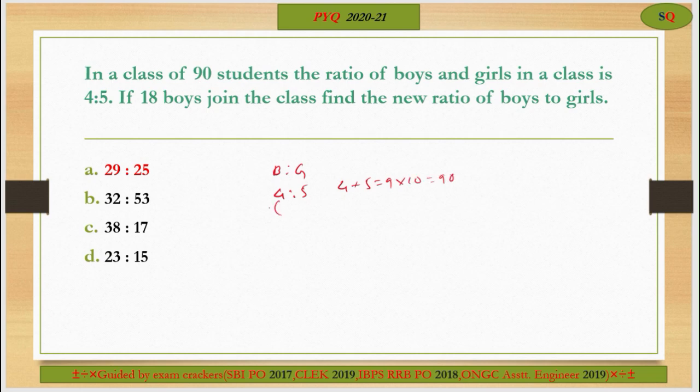So it will also be 40 boys, and 50 girls. So 18 boys join, so add it. 58 is to 50, 29 to 25. So the answer is A.